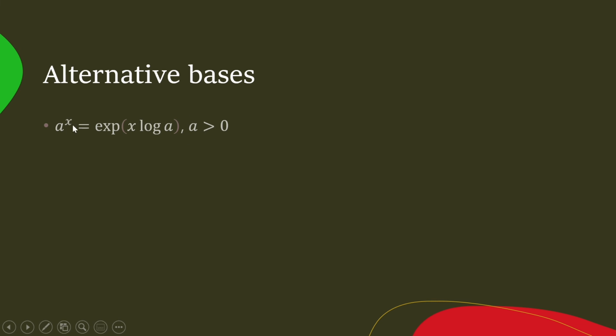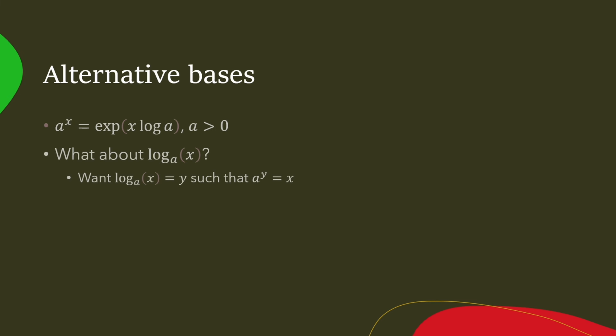So this accounts for any number a, but we want to do the same thing for logarithms now. No doubt you've seen log base a of x as notation before. What does this actually mean? How can we define this in terms of what we've already done? What we want is for log base a of x to be a number y such that a to the power y equals x.